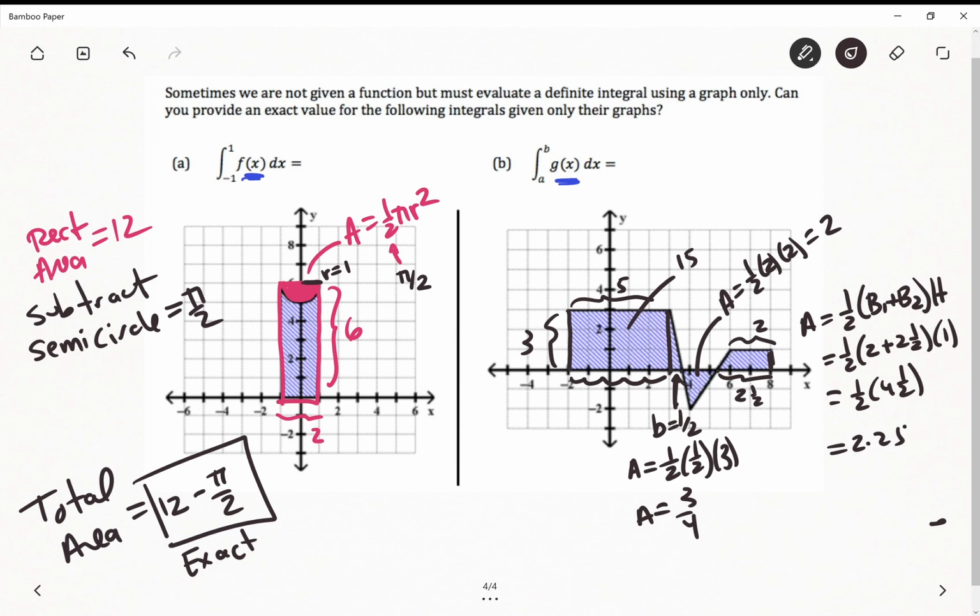So the total area is going to be 15. Because this triangle is under the x-axis, we need to make it negative. So we'll say, I'm sorry, this one's positive. This one's still above the x-axis. So 15 plus 3/4.